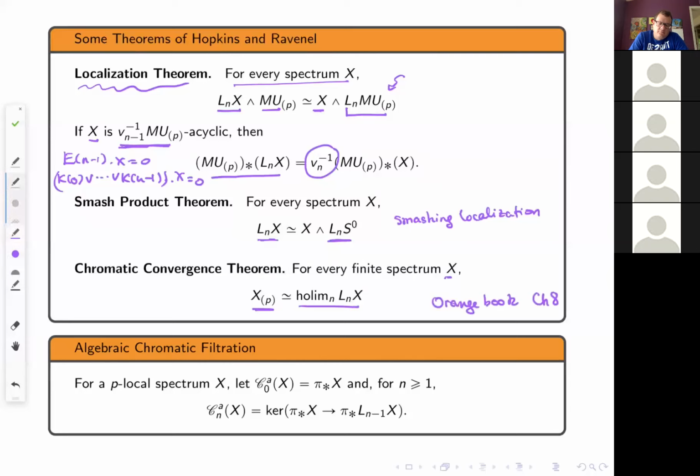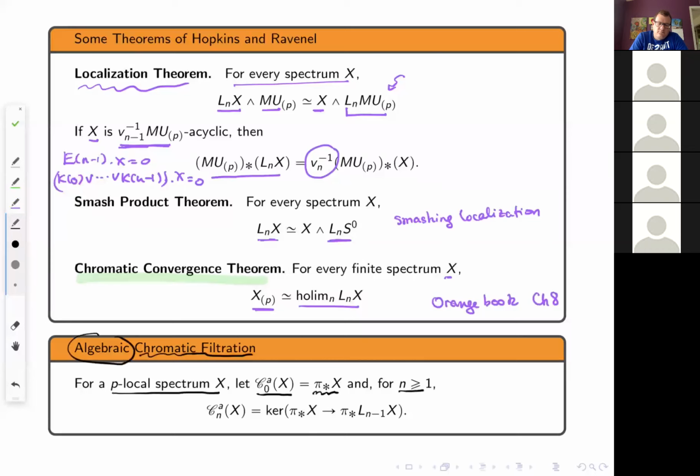But the chromatic convergence theorem motivates the following definition, which is going to be our first instance of a chromatic filtration. People call this the algebraic chromatic filtration. If you have a p-local spectrum X, then we're going to let the 0th piece of the filtration just be everything. So it's going to be a decreasing filtration.